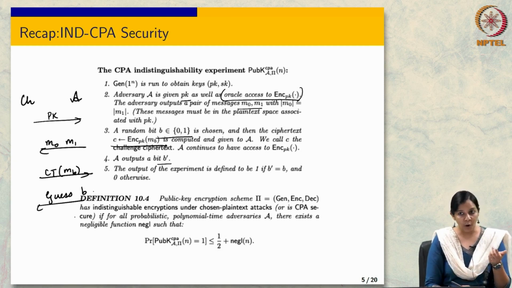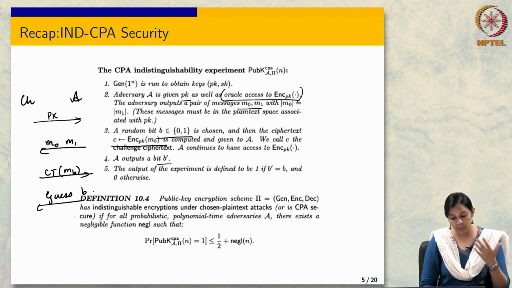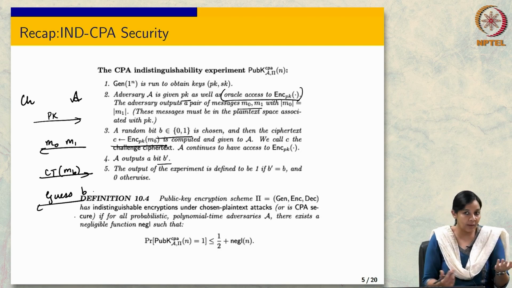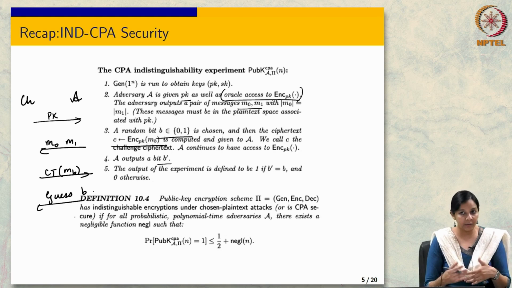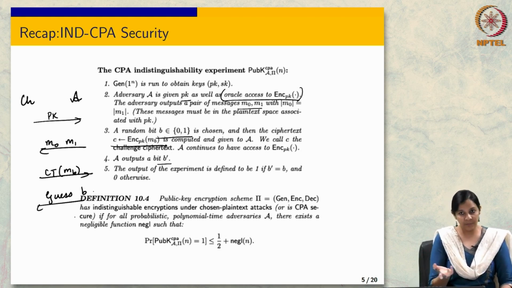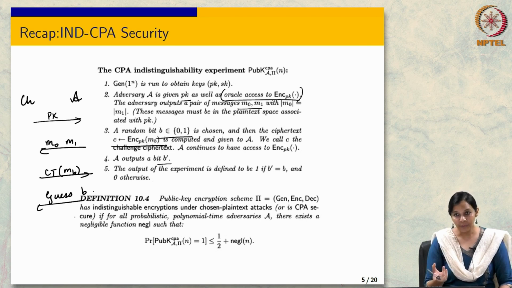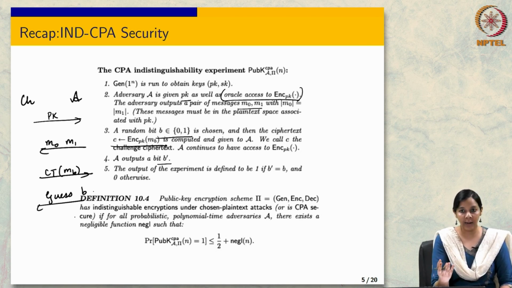It is really important to understand and internalize this, because when we first encounter these definitions, we feel like this is such a silly definition. Students have asked me, why should we even talk to the attacker? It is a very good point, but you see what it is capturing here. The definition captures all these attacks which I just described, because they are all captured by the idea that the scheme is deterministic.